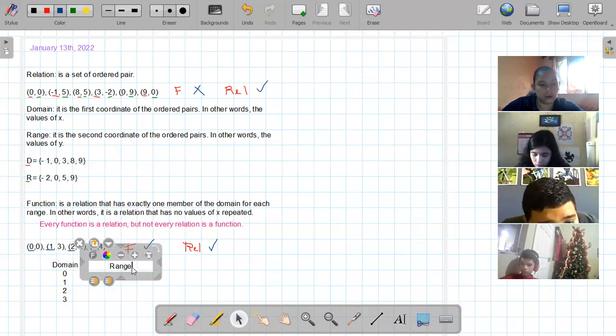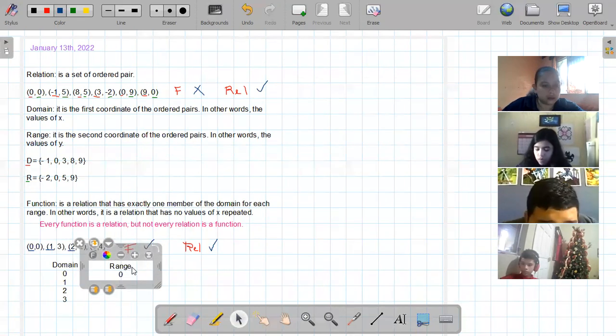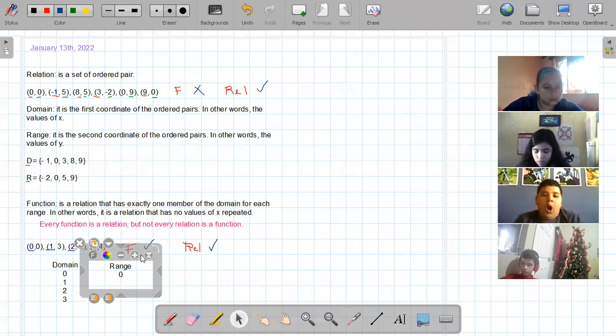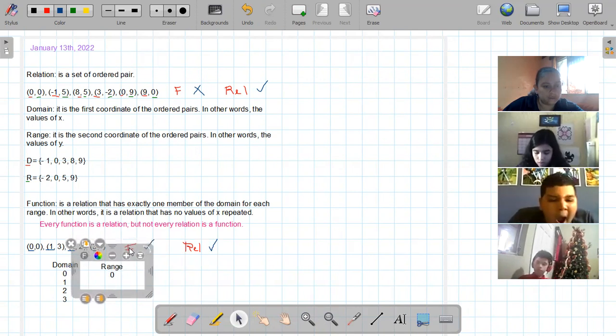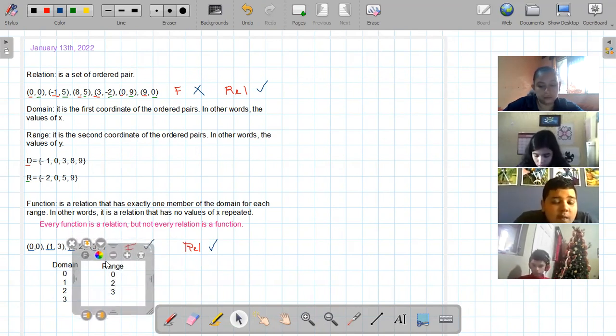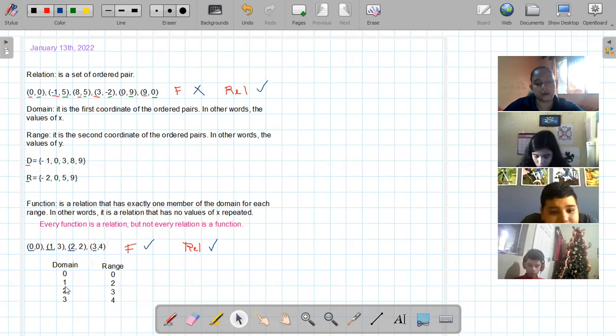For the range: 0, 3, 2, and 4. You copy the values of x in the domain and the values of y in the range, and now we're going to match. 0 goes with 0. 1 goes with 3. 2 goes with 2.